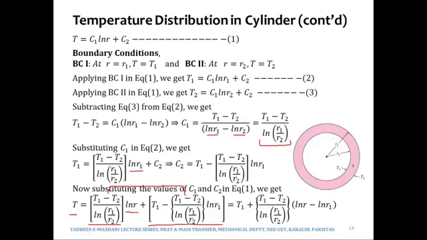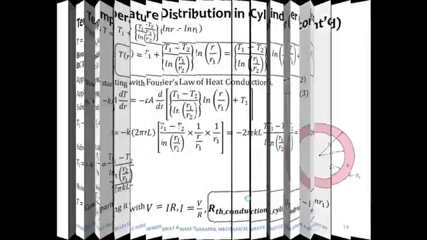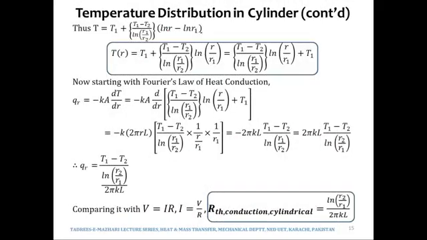So if we take this thing common out of these two terms, we will be left with log of R minus log of R1. So therefore T is T1 plus this thing, log of R minus log of R1, and this log A minus log B can then be written as log of A over B, log of R over R1.